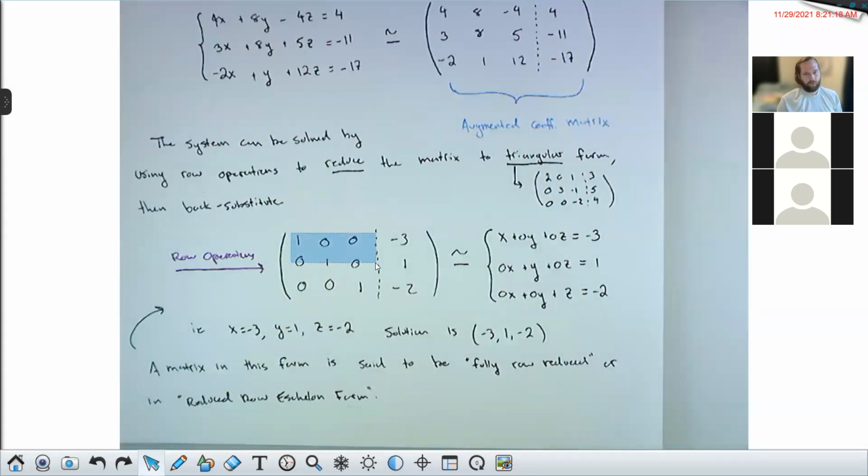You've done all the row operations you could possibly hope to do, because now the first equation just tells you x, the second equation just tells you y, and the third equation just tells you z. In other words, you don't need to do any back substitution.